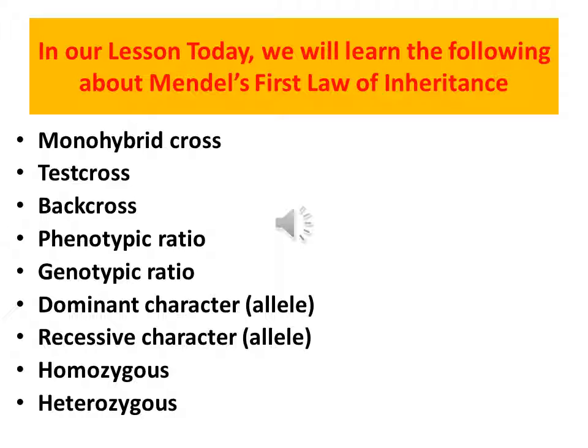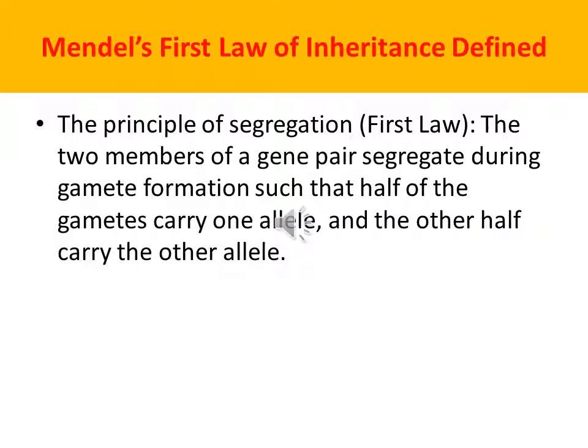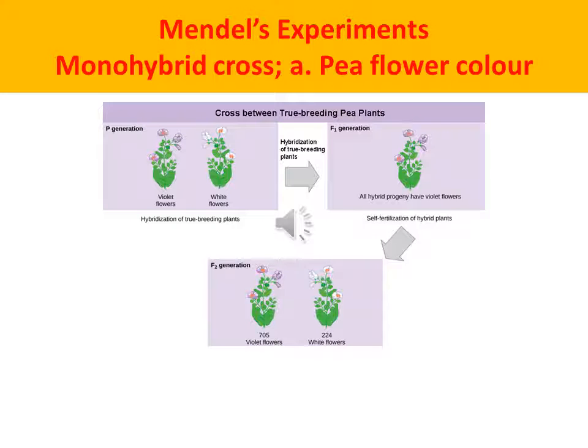A homozygous genotype has identical alleles, while a heterozygous genotype has non-identical alleles. According to Mendel's first law, the two members of a gene pair segregate during gamete formation such that half of the gametes carry one allele and the other half carry the other allele.